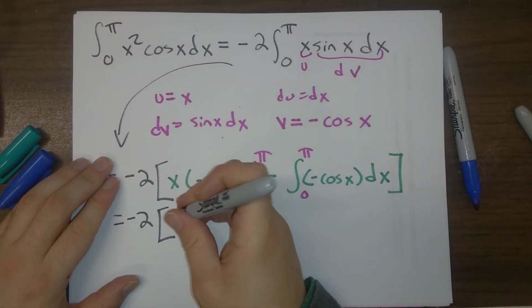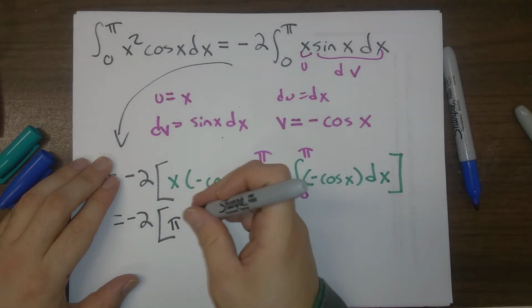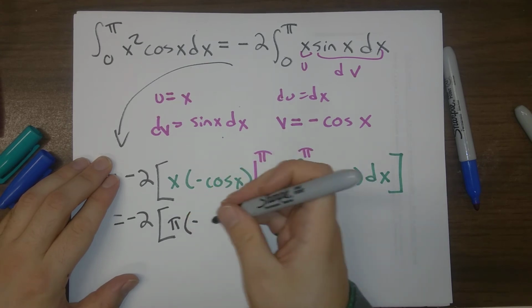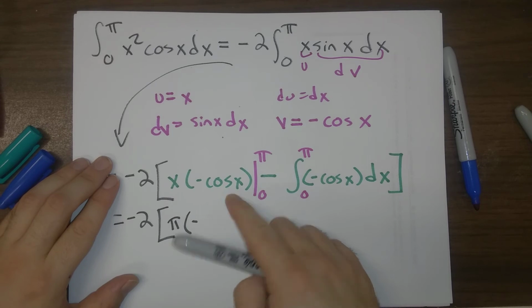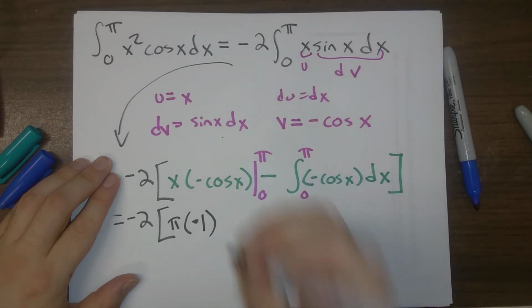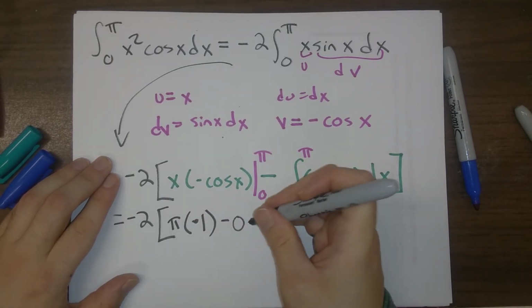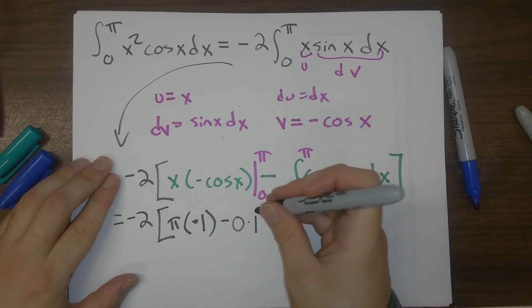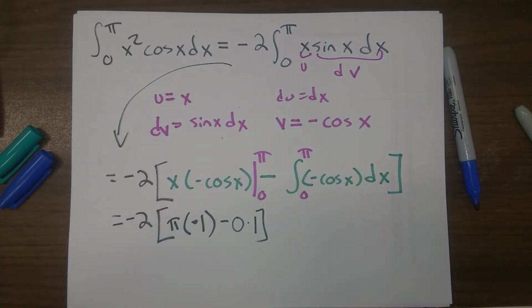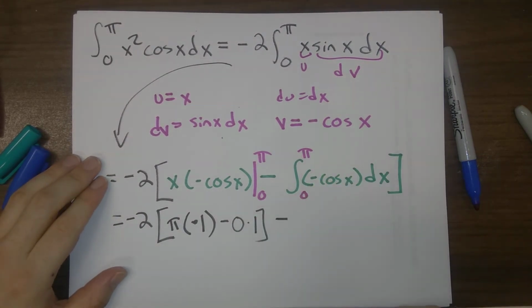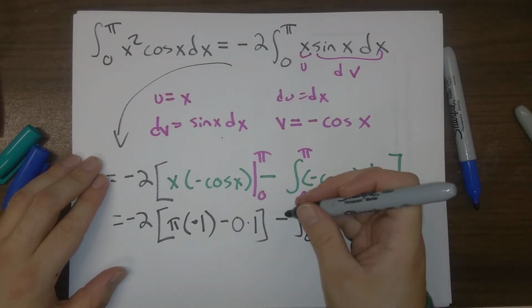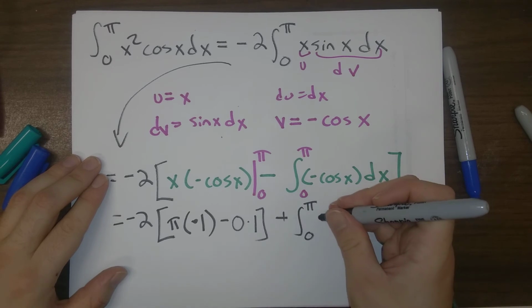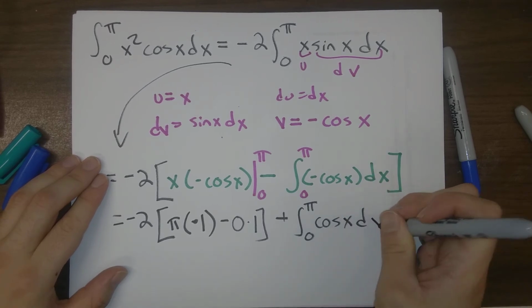So that is x is pi times minus cosine pi. Cosine of pi is minus 1, so that's plus 1. Minus 0 times cosine 0 is 1. Who cares? That's just going to be 0. And then minus times minus is plus, so this is just the integral plus the integral from 0 to pi of cosine x dx.